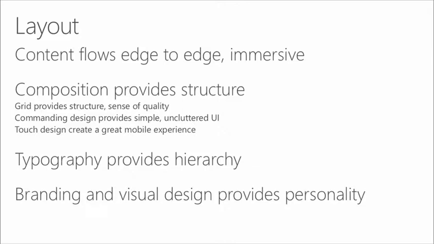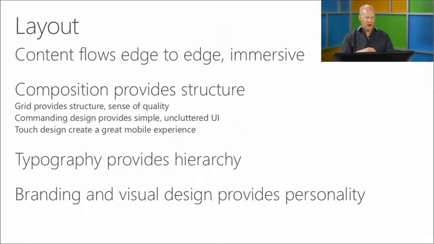And we provide structure of composition through a consistent use of the grid, the same grid that you would use in page layout or layout for the web, right? And use the content itself and the edges of content to provide the structure. Doing that consistently across all the pages with a consistent silhouette for your app provides that sense of quality and makes it really look crafted.